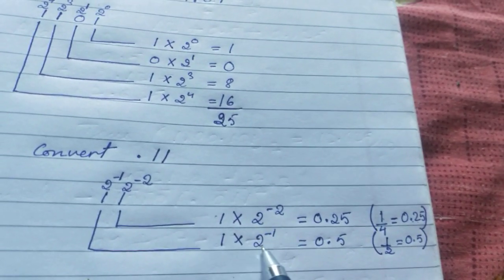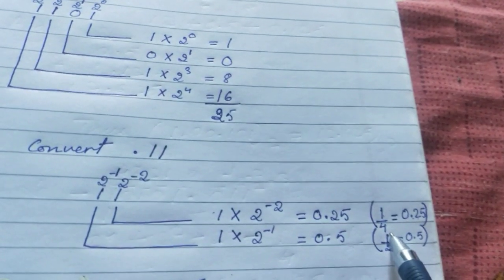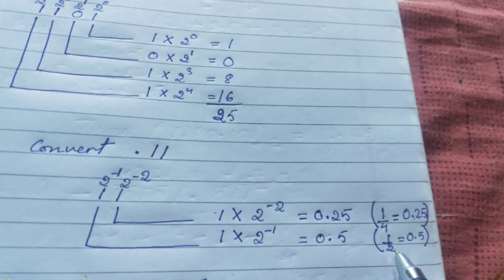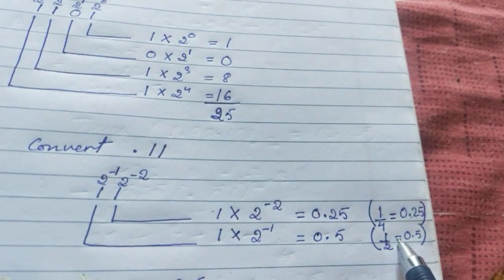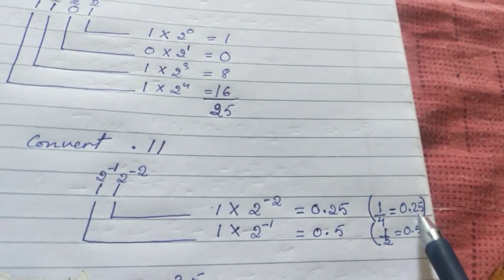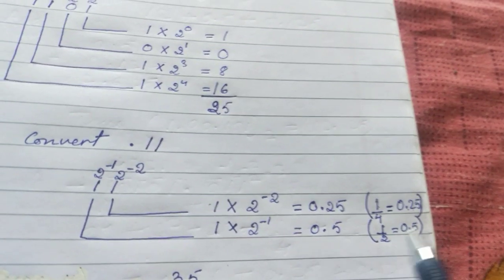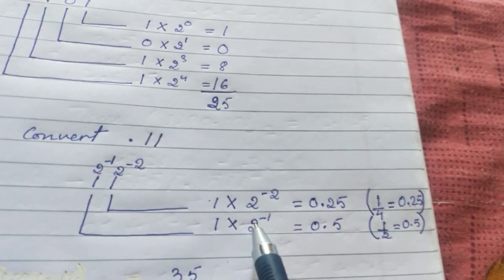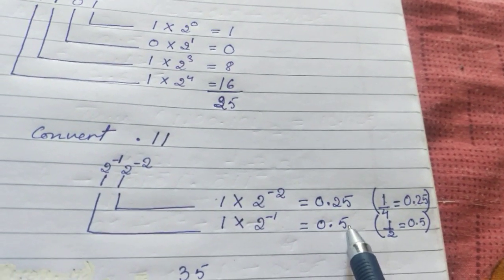How can you write 2 to the power minus 1 in fraction? You will write 1 upon 2. When you divide 1 by 2, you will get 0.5. You can check this in your calculator. So 0.5 into 1 will be equal to 0.5.